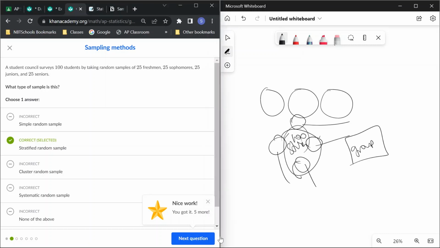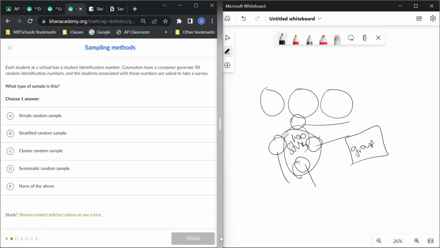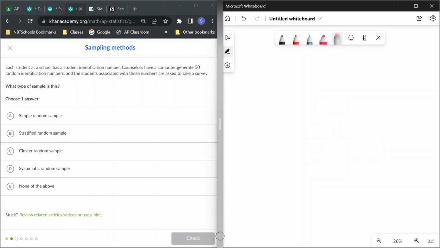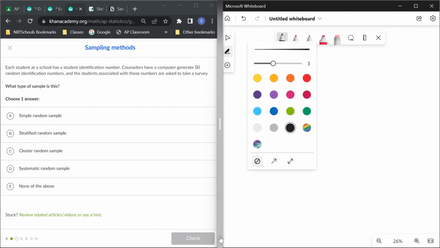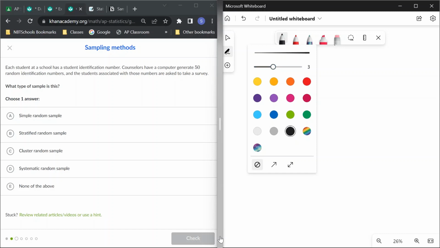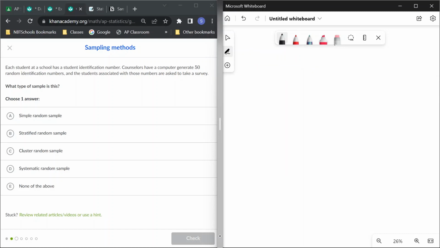Okay. Next. Each student at a school has a student identification number.